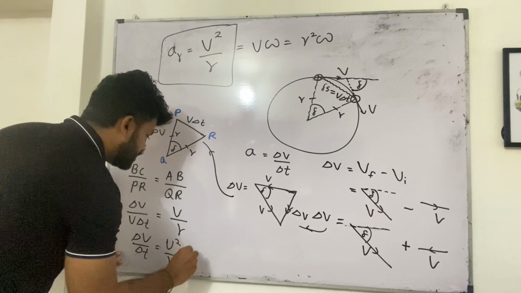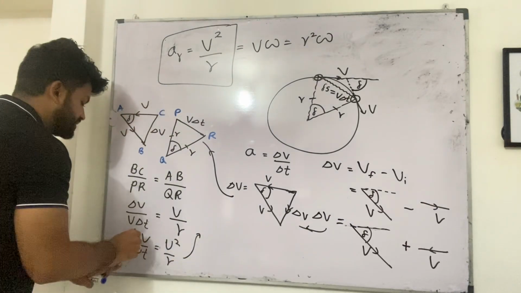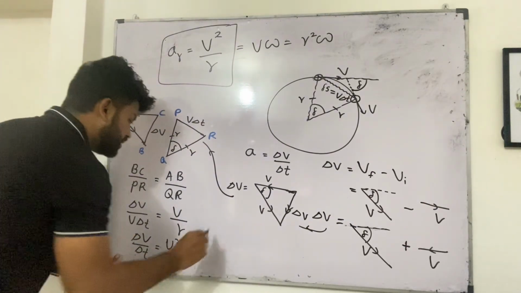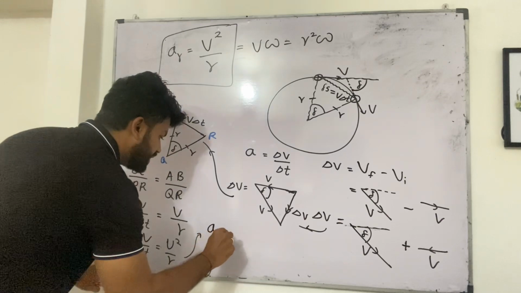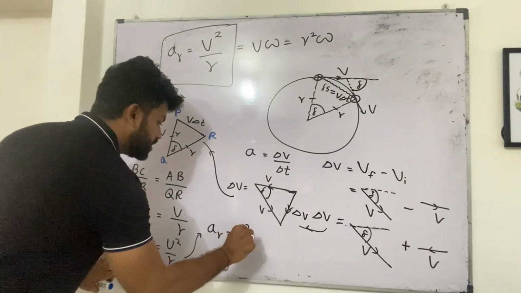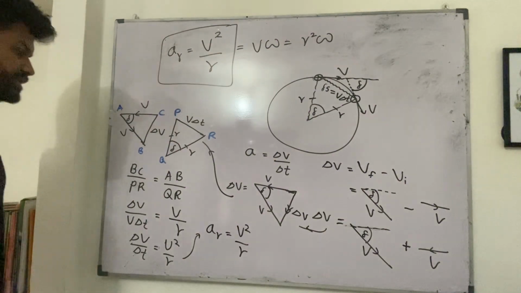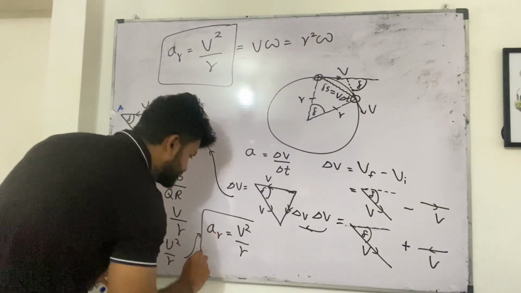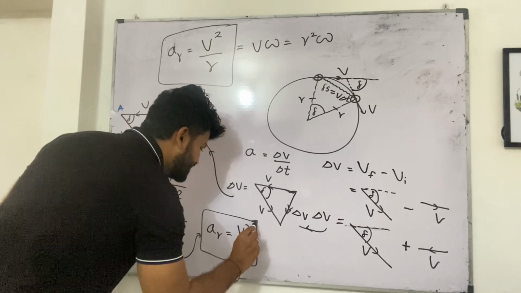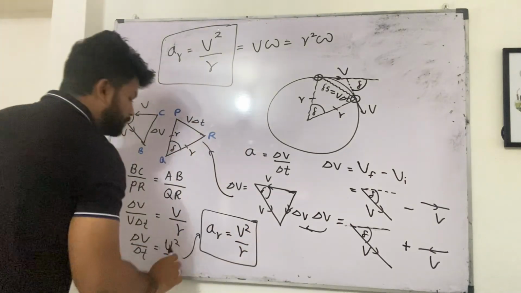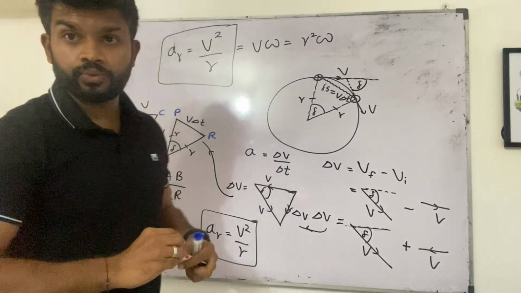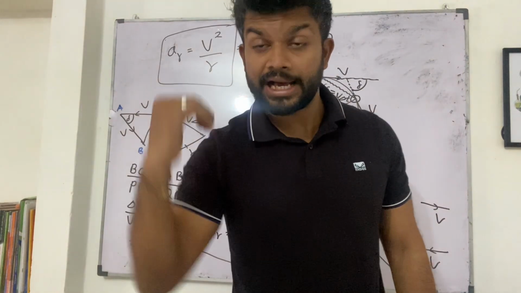So as an extension, I can say that delta v over delta t, the acceleration a_r, is equal to v squared over r. This is an appropriate equation for the centripetal acceleration.